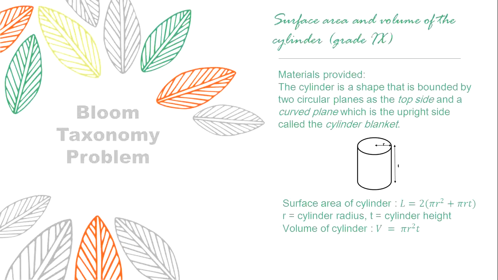And the formula for the surface area of a cylinder is L equals 2πr² plus 2πrt, where r is the cylinder radius and t is the cylinder height. And the formula for the volume of a cylinder is V equals πr²t.